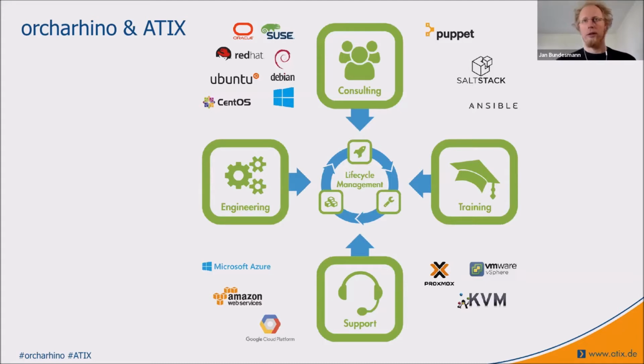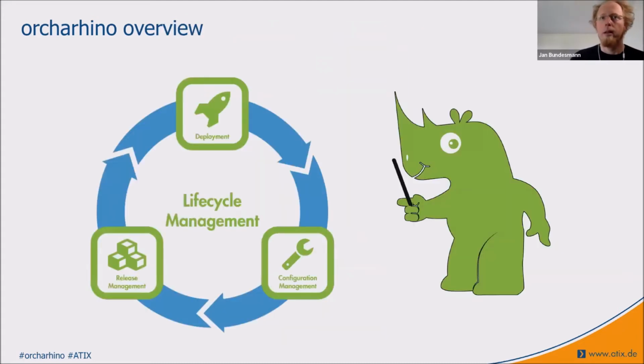So what does orcharhino do? It has three main key functions, I would call them. The first key function is configuration management, because this is the point where it historically came from. So you can use it to manage your configuration management system, a bit like in a loop.